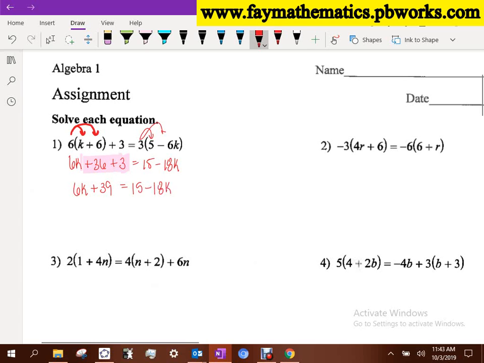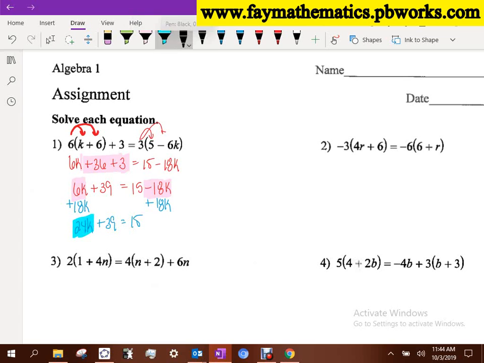Now I like to move my variables first, so I know that that's a 6k and that's a negative 18k, and I need them both on the same side. So I'm going to take 18k here, add that there, and I'll come over here and add it. So it's going to give me 24k plus 39 equals 15. So again, I need to isolate my k's.